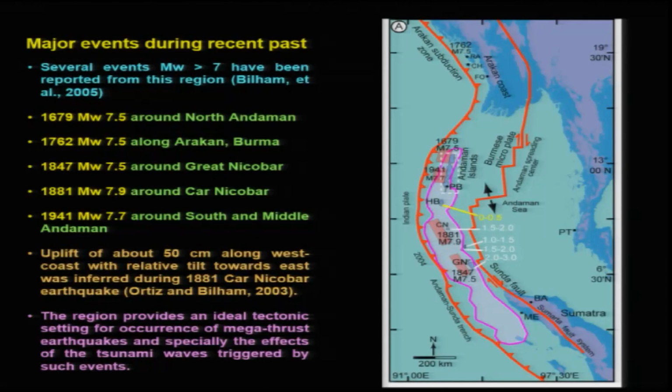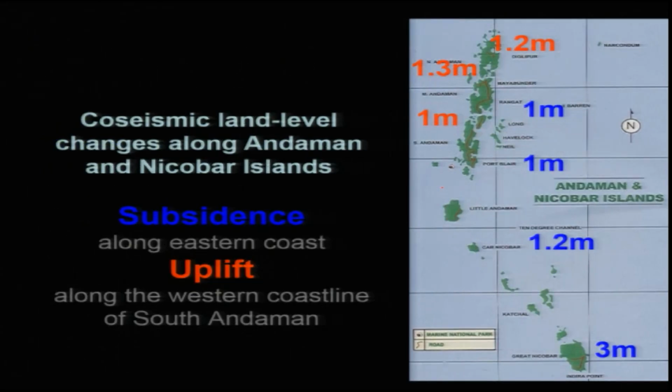As I already discussed, we measured the areas in terms of subsidence and uplift, and that is what I would like to present here. We have the co-seismic land level changes along Andaman and Nicobar caused by the 2004 Sumatra Andaman earthquake.